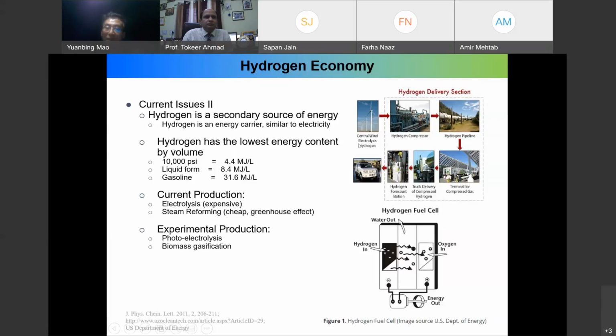For example, here we use central wind electrolysis to generate hydrogen, which is then compressed and goes through pipelines, then a terminal for compressed gases, and then truck delivery, just like our gasoline, right? And then we will be able to use it. Here I use one example, hydrogen fuel cells, and I will show you more about this. So that's the full cycle of it, right?